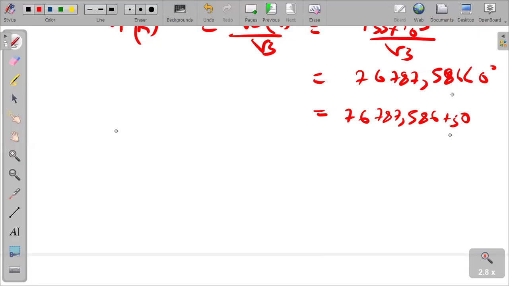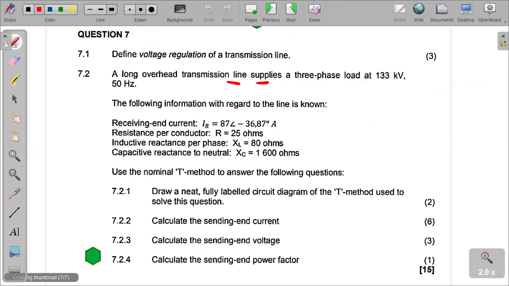It takes us therefore to IPR. Now for IPR, we were told IR is equal to that. Often the examiners and even some textbooks use IR, XL, XC, etc. Do not be confused by what I'm doing there with PR; I'm just putting emphasis on the issue of the phase.